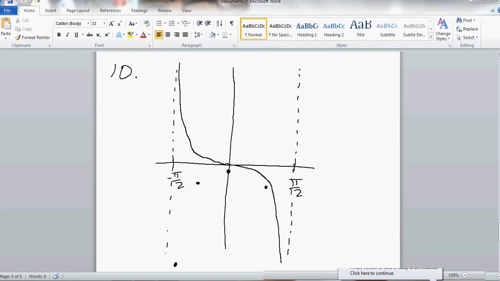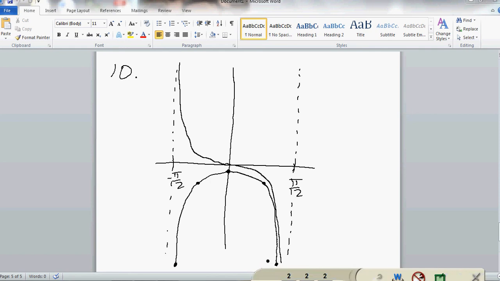Then about here it goes back down to -1. And then about here it's really deep again. So the derivative here is going to look something like this, or something very similar.